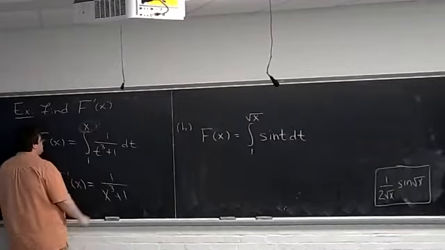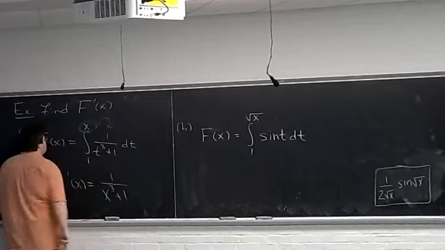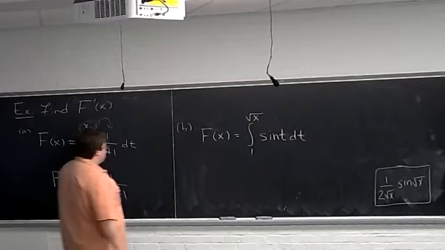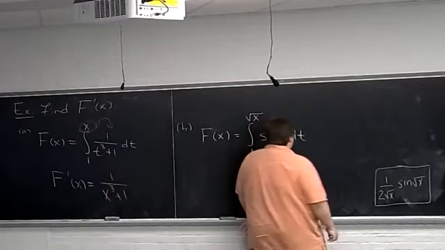Well, when that's just an x, the first part says that we can find capital F prime by replacing all t's with x, reimagining the integrand as a function of x. And that was part A.